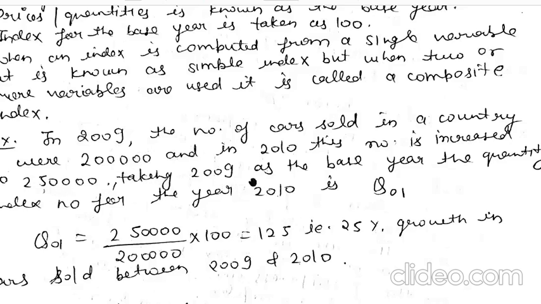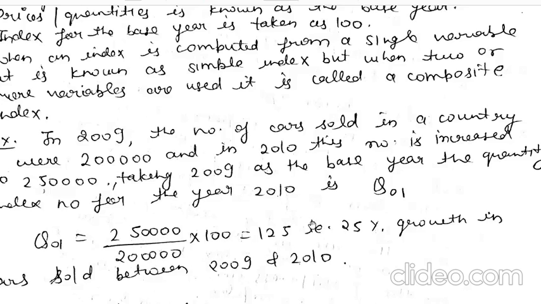Taking 2009 as the base year, because this is our previous year, the quantity index number for the year 2010 is denoted by Q01. Q01 is equal to 2,50,000 upon 2 lakh into 100.